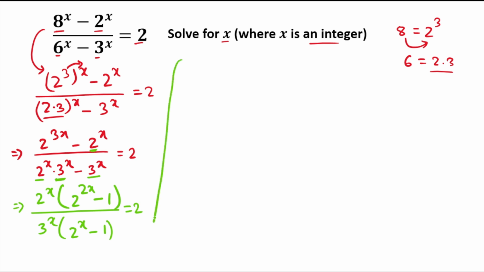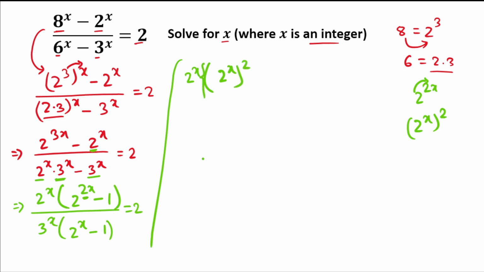Now we'll simplify it. 2 raised to the power 2x we can write as 2 raised to the power x, and the whole raised to the power 2.